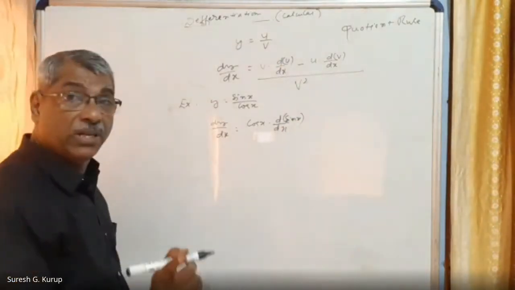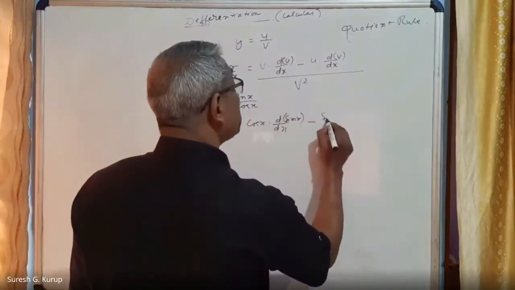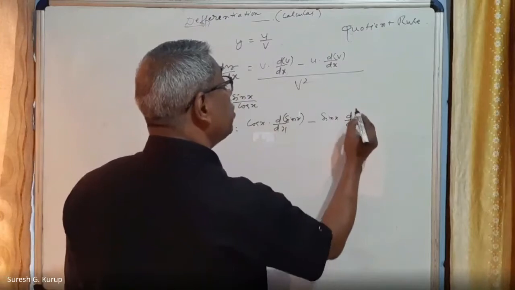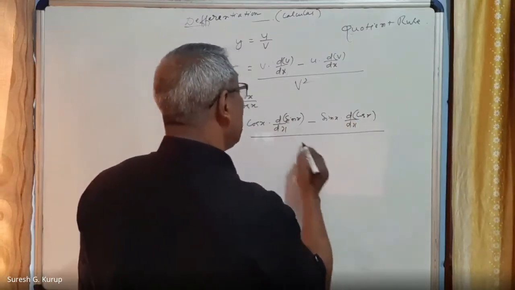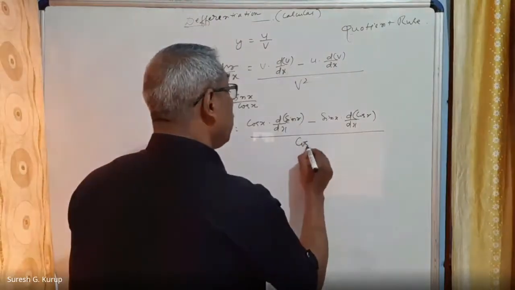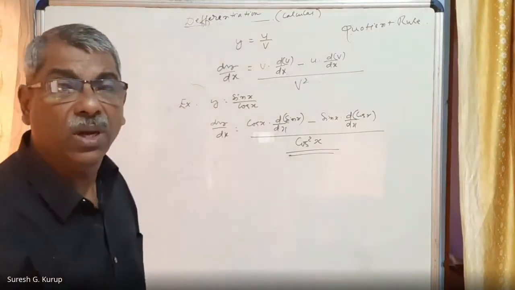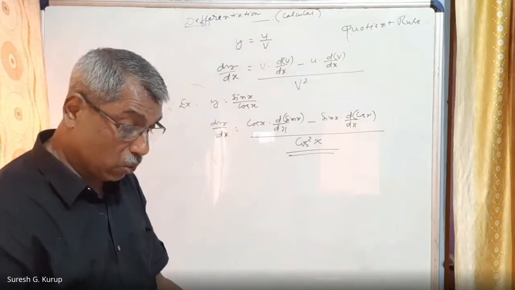Plus or minus? Minus. Next is the numerator, sin x, into d by dx of the denominator, that is cos x. The whole divided by the square of the denominator, that is cos square x. So this is the way we can do the differentiation of this function. This rule is called the quotient rule, right?